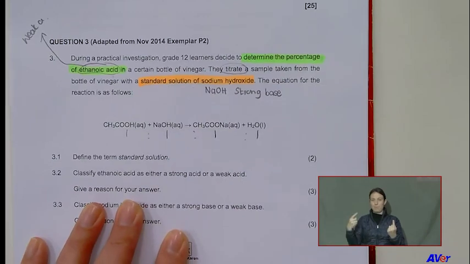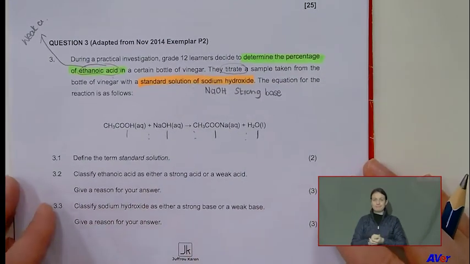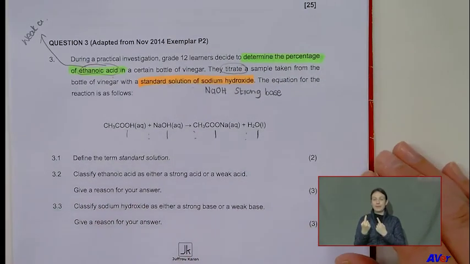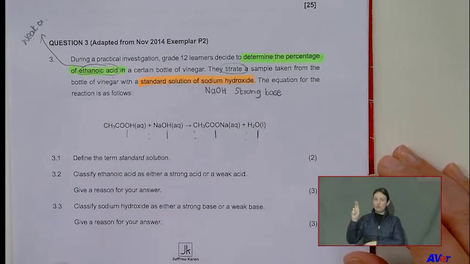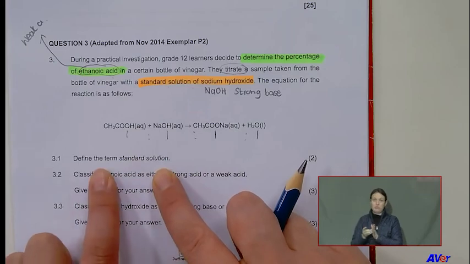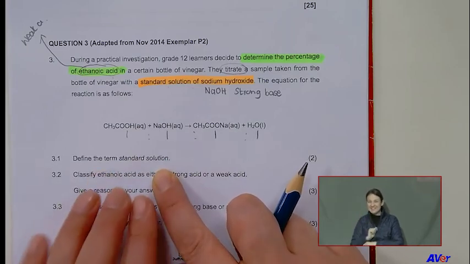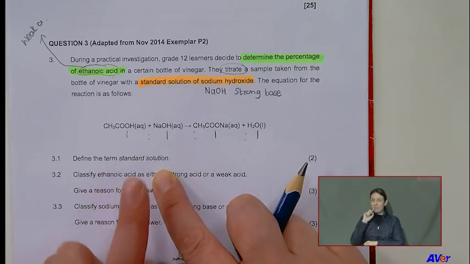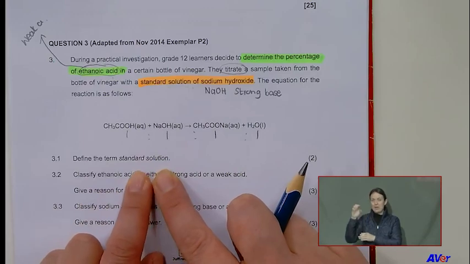So very simple. Then the first question, define the term standard solution. So you need to know what a standard solution is. A standard solution, like I said, is a solution of which the exact concentration is known.